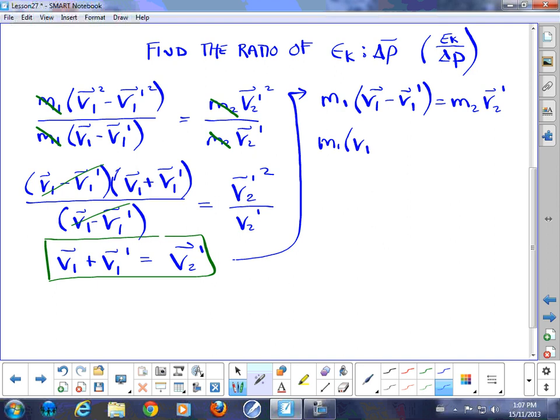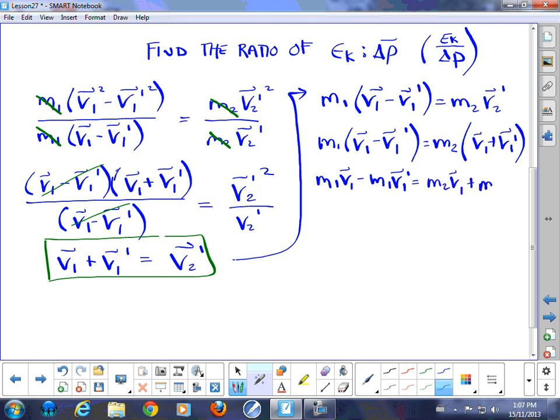So M1 (V1 minus V1 prime) equals M2 (V1 plus V1 prime). So now I'm just going to quickly distribute and collect like terms. So M1 V1 minus M1 V1 prime equals M2 V1 plus M2 V1 prime.